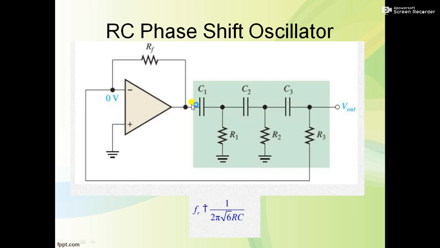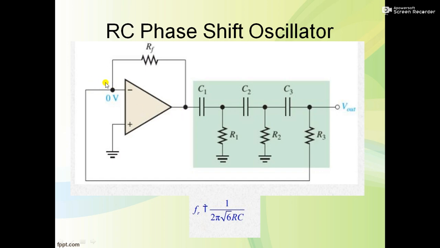After that, between this signal and this signal there is a 180 degree phase shift. How 180 degree? When you apply the supply voltages, if a positive half cycle is applied here, you will get negative here.